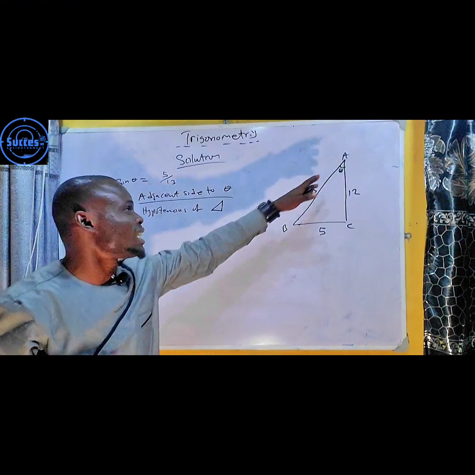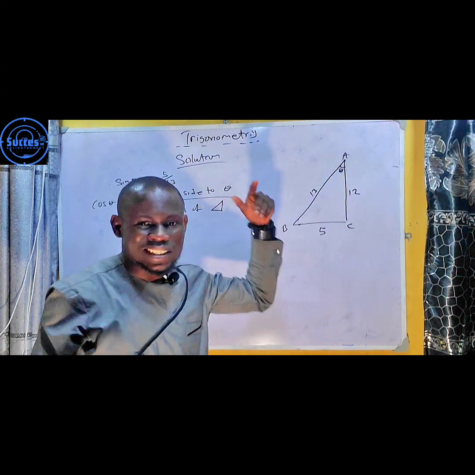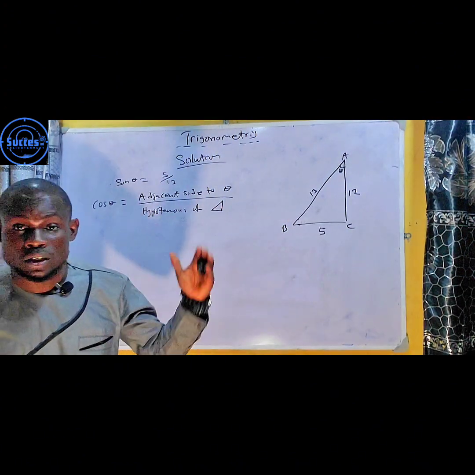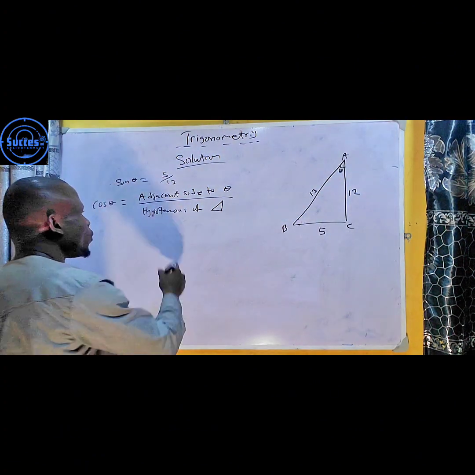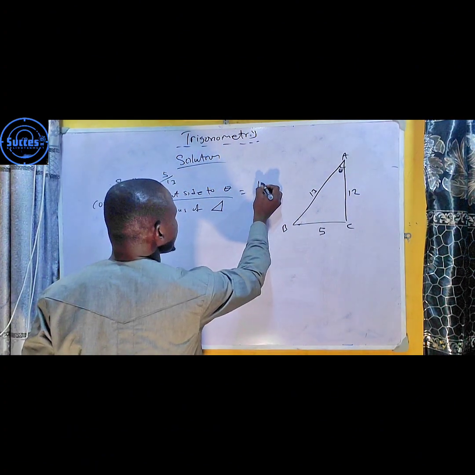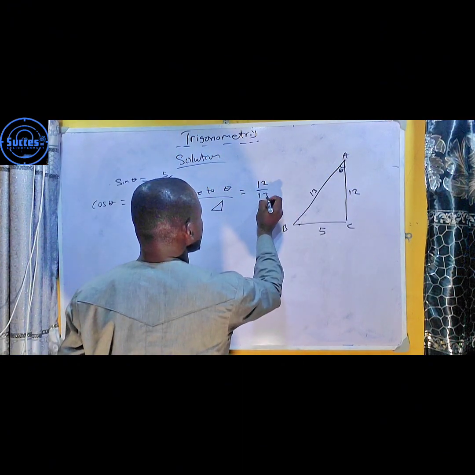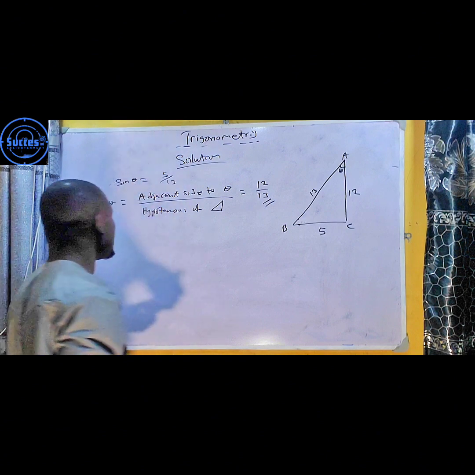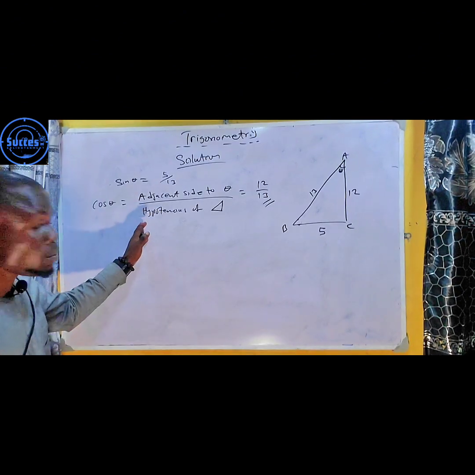Now from here, what is the adjacent side to theta? Don't forget, this is the opposite, this is the hypotenuse. The line that connects the opposite side to the hypotenuse is the adjacent, which is 12. So your cos theta equals 12 over the hypotenuse, which is 13. So here you've already found your cos theta. See the way I did my own.